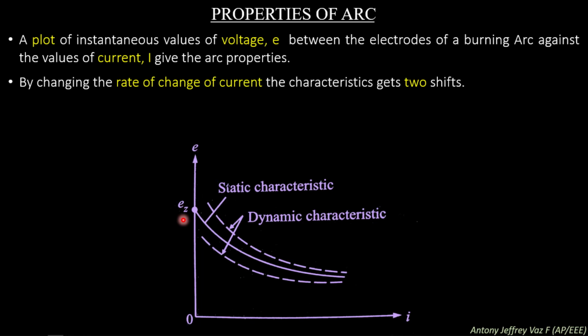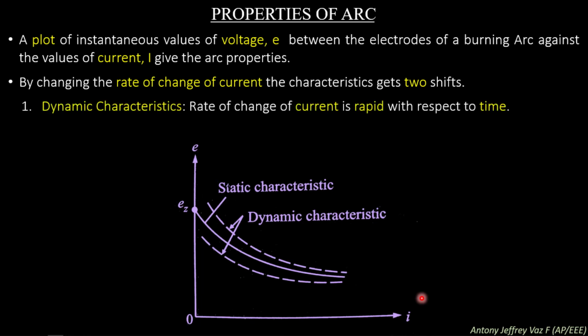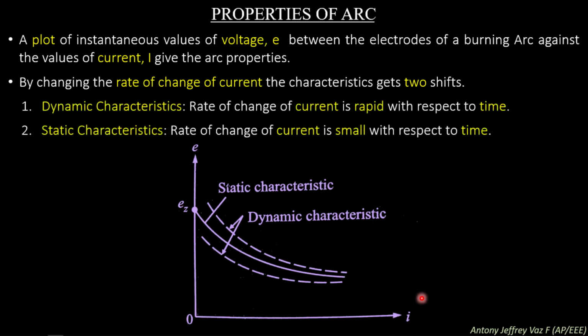By changing the rate of change of current along the x-axis, we can achieve two shifts in characteristics. One is static characteristics and the other is dynamic characteristics. In dynamic characteristics, the rate of change of current is rapid with respect to time.